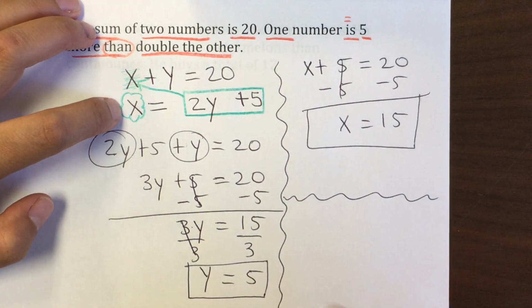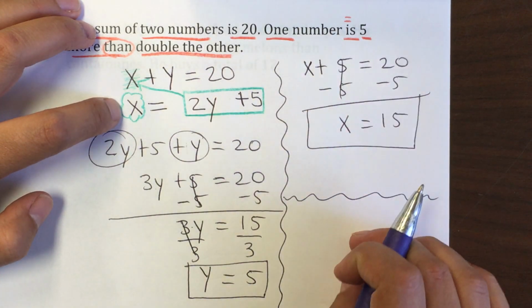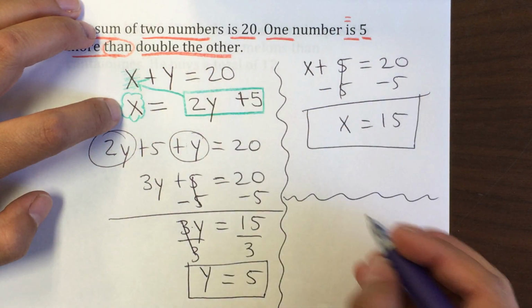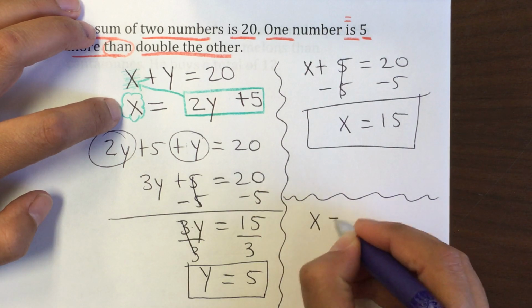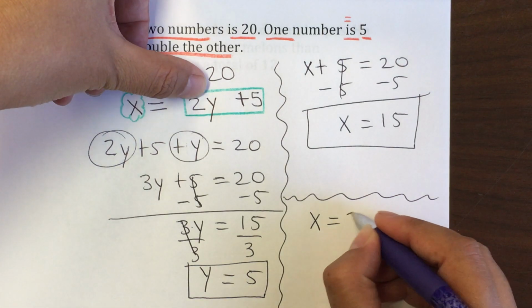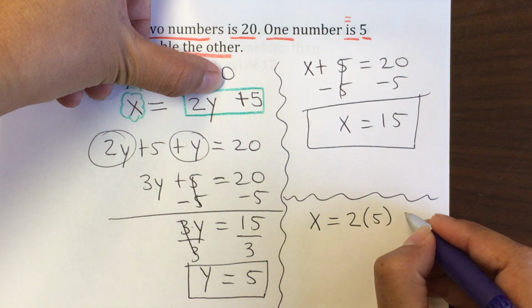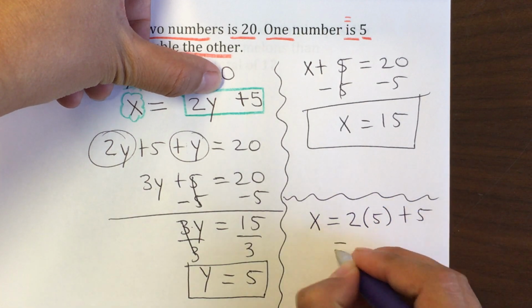Okay, that should be enough. But I'm just going to show you that for the second step, it doesn't matter which of the two equations you choose, you will get the same answer. So in here it says x is equal to 2 multiplied by y. We already know that y is 5, plus 5.